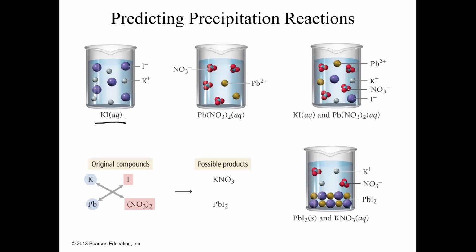Potassium iodide, indicated by AQ. Don't even need to look at the periodic table. No, I mean of course, the solubility rules, right? So here is lead nitrate, also aqueous, soluble. And above is a beaker showing what happens in solution. You don't have KI together. It's not sticking together. These are free-flowing, moving. This potassium ion can move over here without the iodide following, right? So you have these anions and cations that are free-flowing. You can send electricity through this.